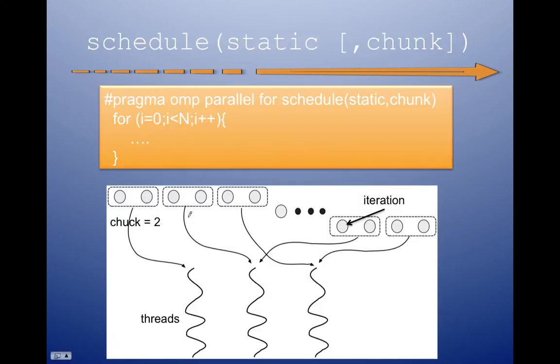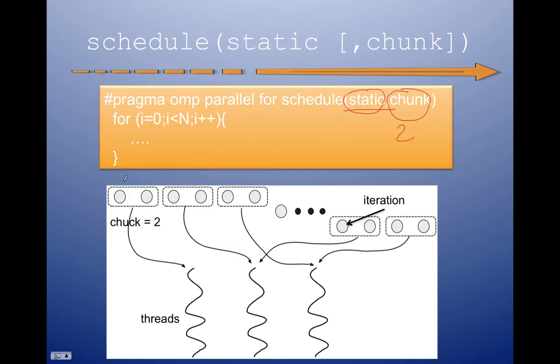So let's look at them. The first one is the static one. It takes static to indicate you want a static scheduling as a clause, and it takes a chunk size. Here this is an integer. Let's assume this is equal to 2.